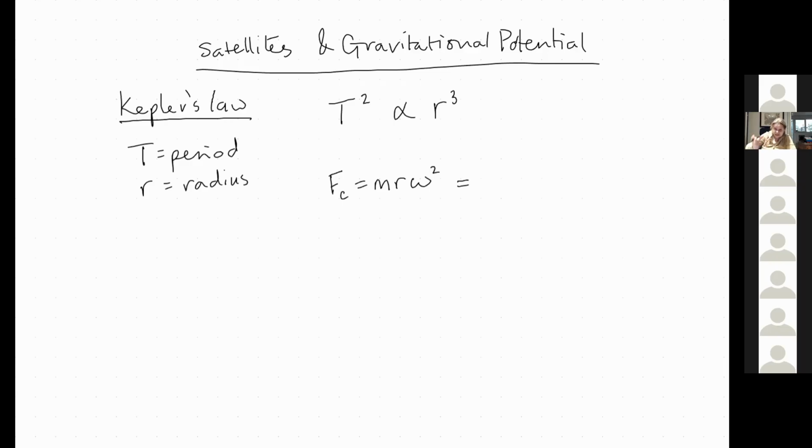The force and the acceleration have to be in the same direction, so the acceleration's towards the center too. That force is provided for by basically the weight. So in the case of the Earth going around the sun, it's the weight caused by the gravitational field of the sun. And of course, it is G, big M, little m, over r squared.